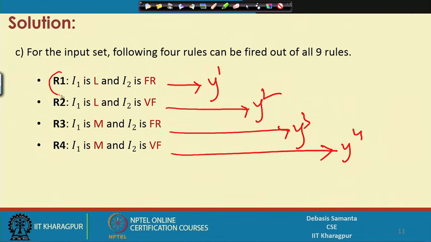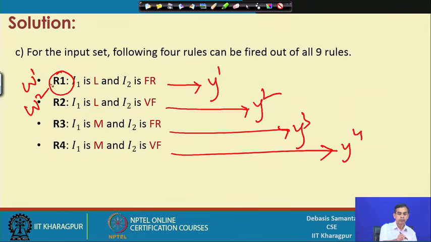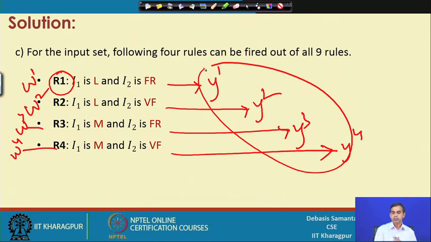The next task is, for each rule, we have to calculate W 1, that is the weighted value of the rule. For this rule also W 2, for this rule W 3 and for this rule W 4. These are the values so far as the output is concerned, and these are the values so far as the rule's strength or weight is concerned.